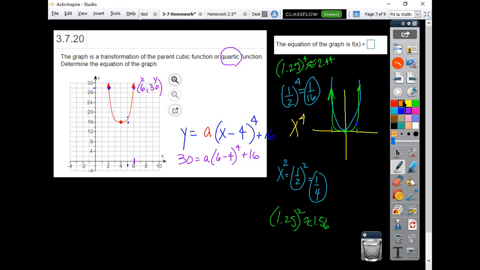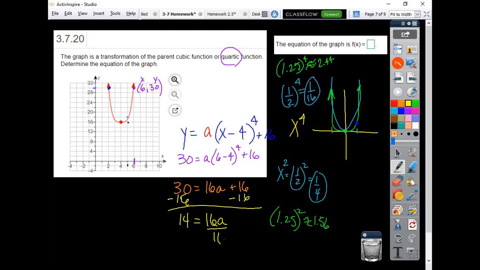And then, let's see here. So, I've got 30 equals 2 to the 4th. 6 minus 4 is 2, to the 4th is 16, times that a, plus 16. So, move this to the other side. Subtracting that 16, that gives me 14 over here.